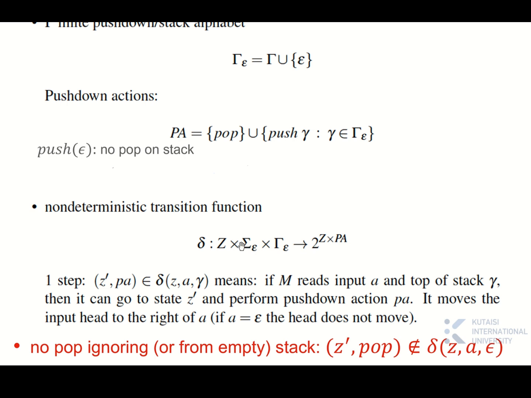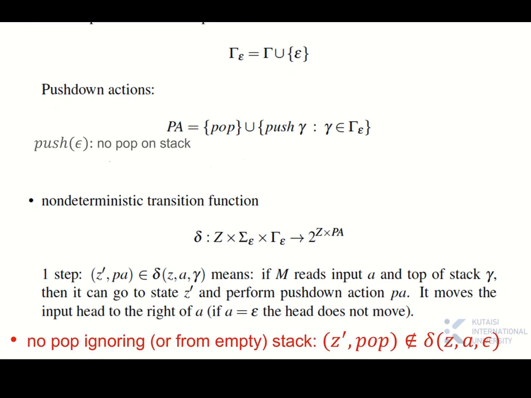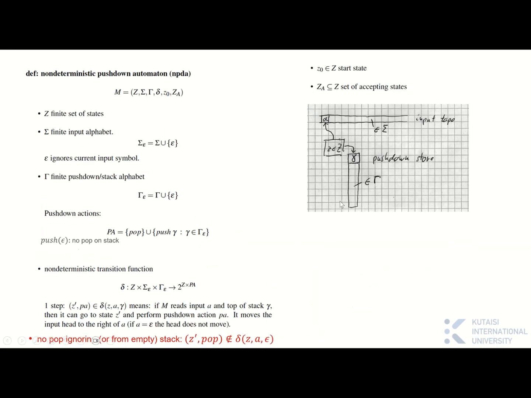So let me actually give you intuition on this. Let's ignore epsilon for a moment. What it does is, in some state z, it reads the letter, it looks at the stack, and it performs the action. These are all possible subsets. So let me write here.